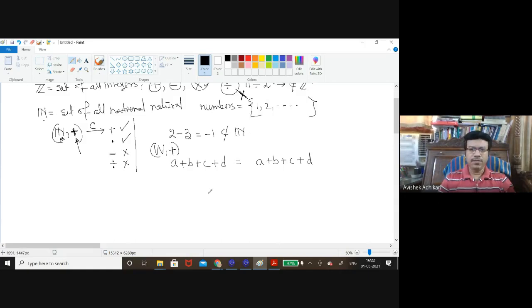But if I started doing some bracketing like this, and if I ask you the same question, will that be the same? That means when you are doing some calculation, do we really bother about these brackets, or wherever you need, you can put a bracket if it is only one operation? So you can see that in case of addition, if I consider this to be Z, then we do not have to worry.